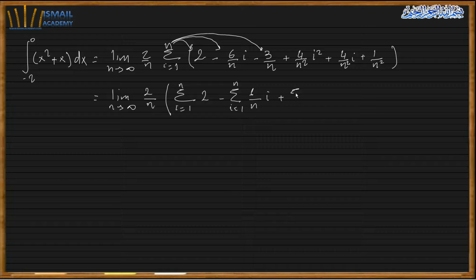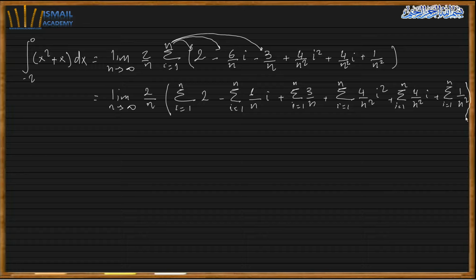So distribute the sum, don't do double work on the same work. So 1 to n, 1 to n.